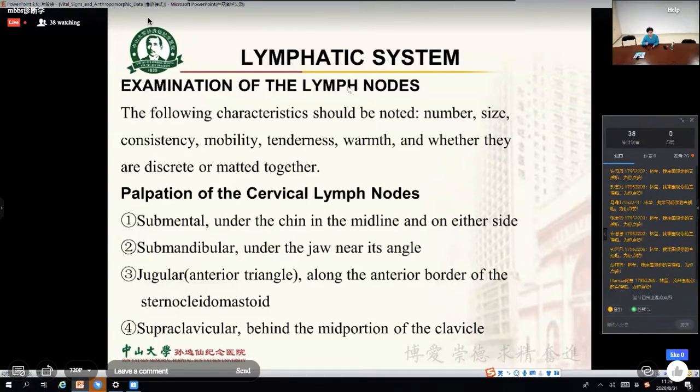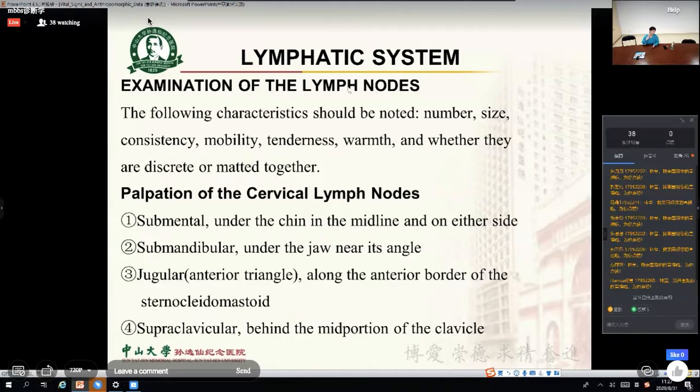Jugular nodes, also called the anterior triangle group, lie along the anterior border of the sternocleidomastoid muscle.